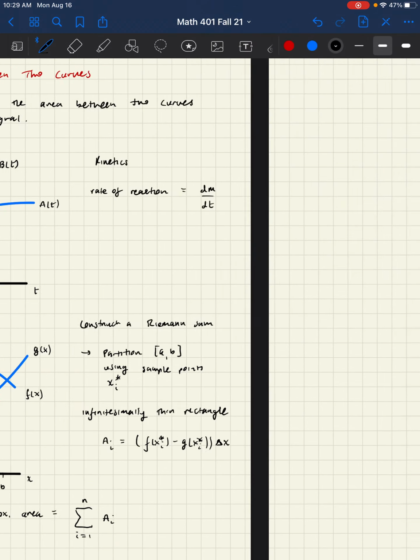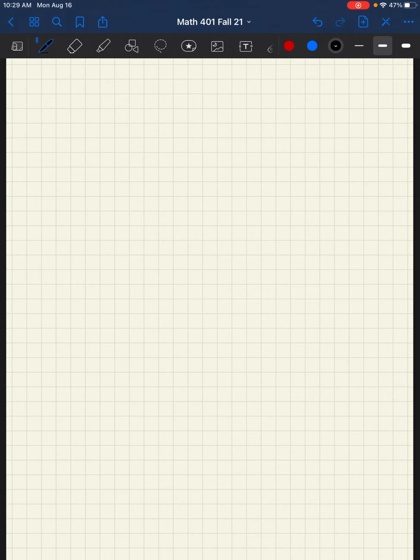In other words, we suppose that the area under the curve, the area between the two curves, is approximately the sum of the difference between f and g times that infinitely small width, delta x.